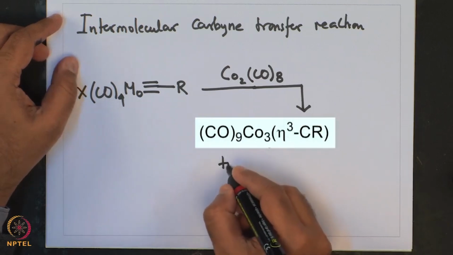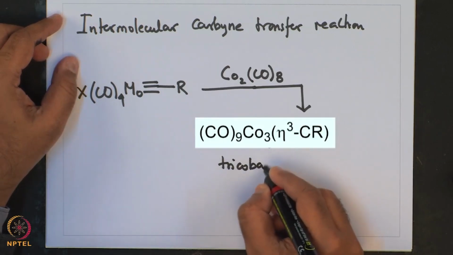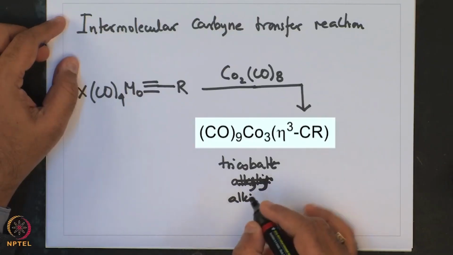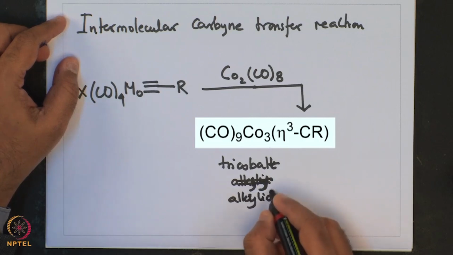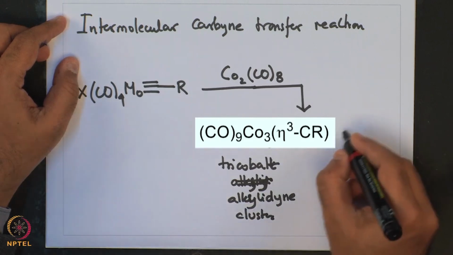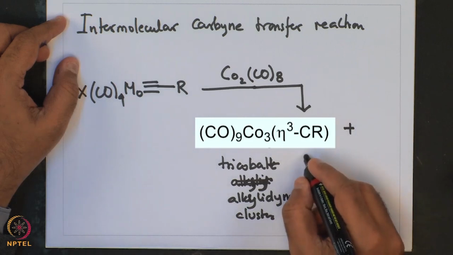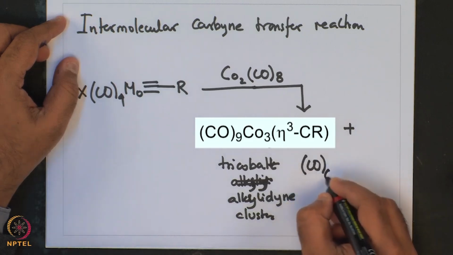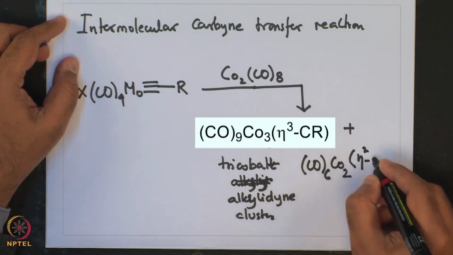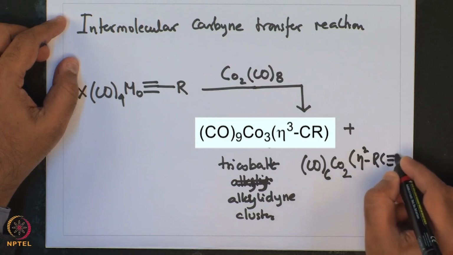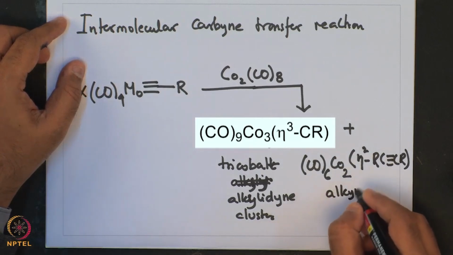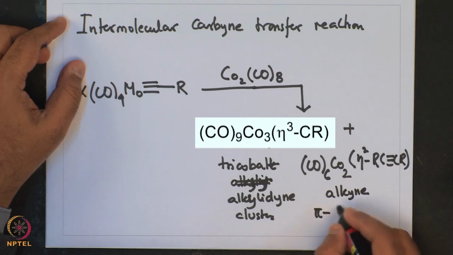This is a tricobalt alkylidyne cluster, along with (CO)6Co2(eta 2-RCCR) complex. This is an alkyne pi complex.